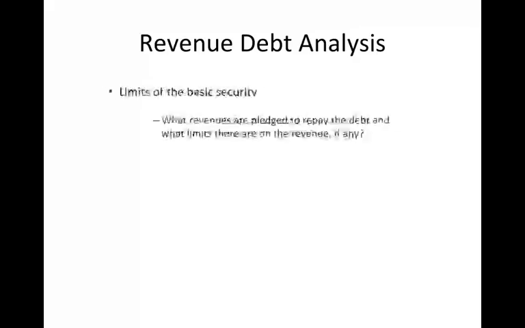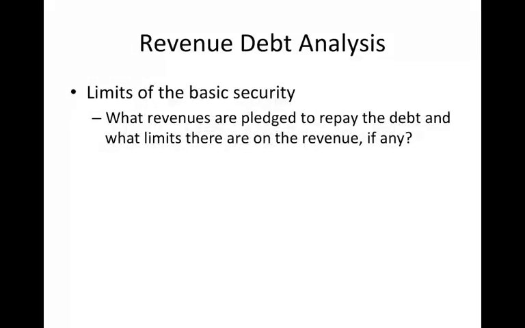Revenue debt analysis is very different from the analysis of tax-backed and general obligation debt. We touched upon this very briefly in the unit on debt analysis, but now let's take a little bit closer look at what factors are important when you're looking at revenue debt. One of the very first things they're going to look at is the legal aspect of this. What is securing the debt?